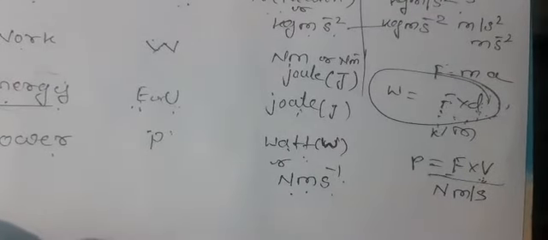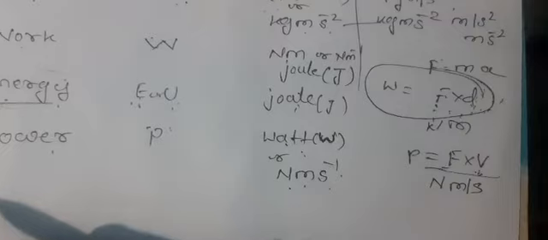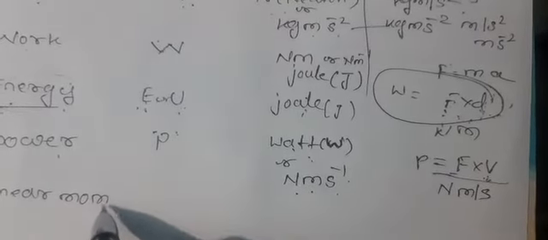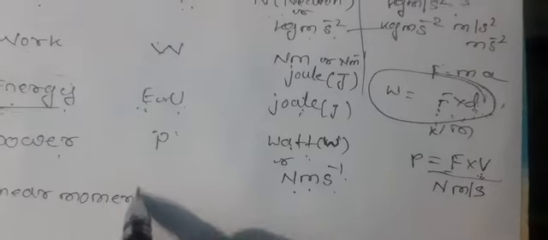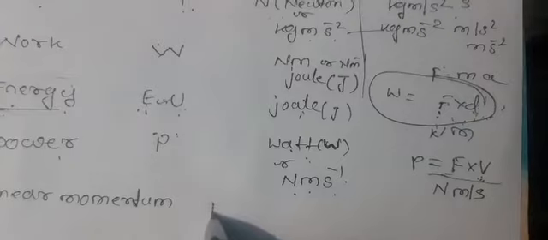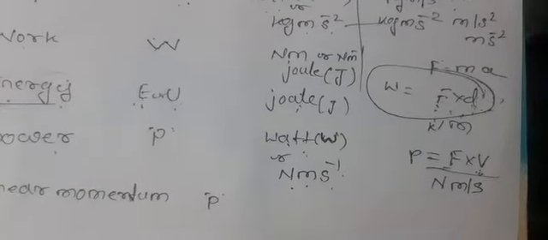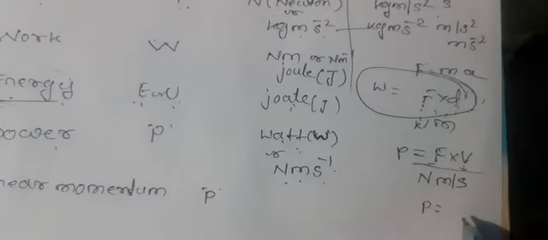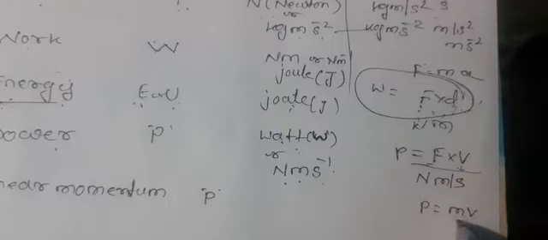Next, the 11th derived quantity is linear momentum. It can be represented by small p. Linear momentum is defined as the product of mass into velocity.